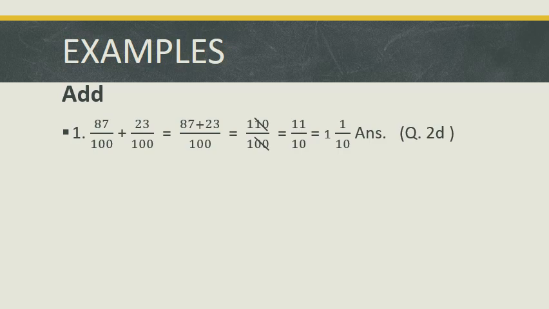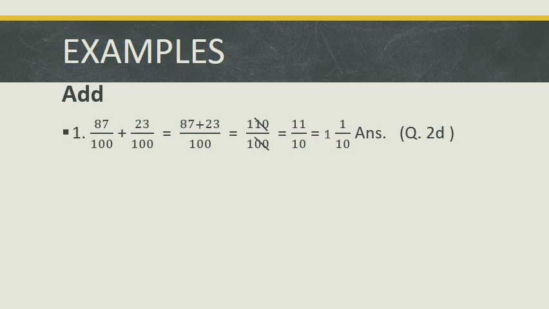And what are the numerators? 87 and 23. So we will add the numerators, 87 plus 23, upon the common denominator. And what is the common denominator of these two fractions? It is 100. So we will write 100 in the denominator place. And now when we add the numerators, it comes to 110.